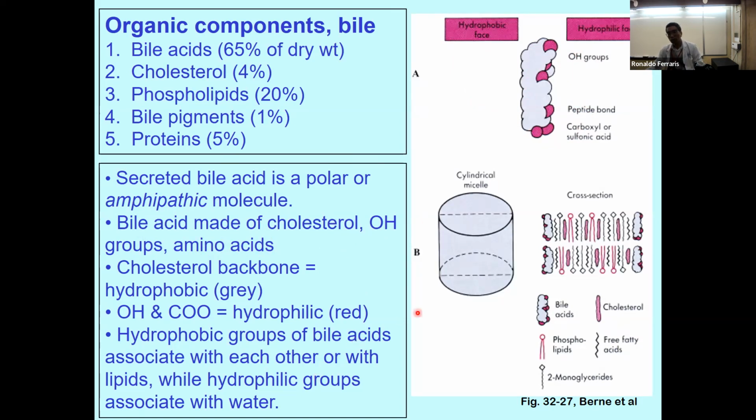And so hydrophilic groups of bile acids sequester among themselves and associate with each other or other lipids. So you can imagine this to be an aqueous medium. And so your lipids are sequestered within structures bordered by bile acids.